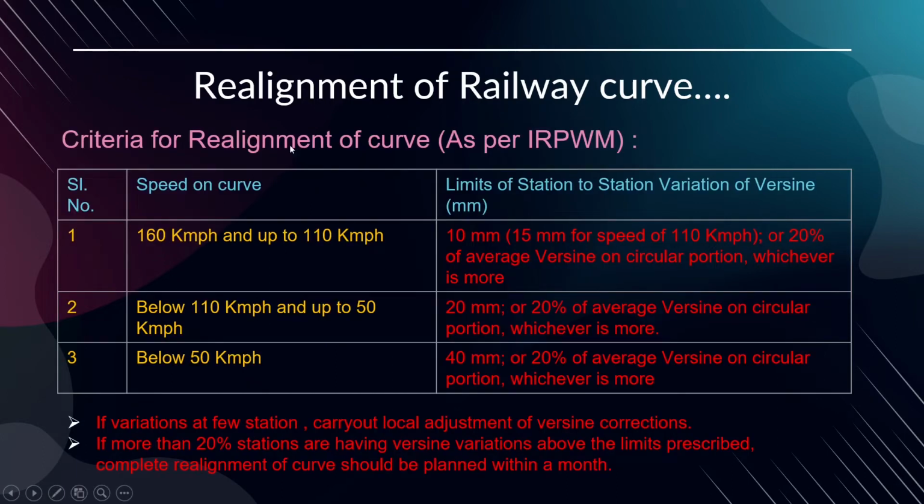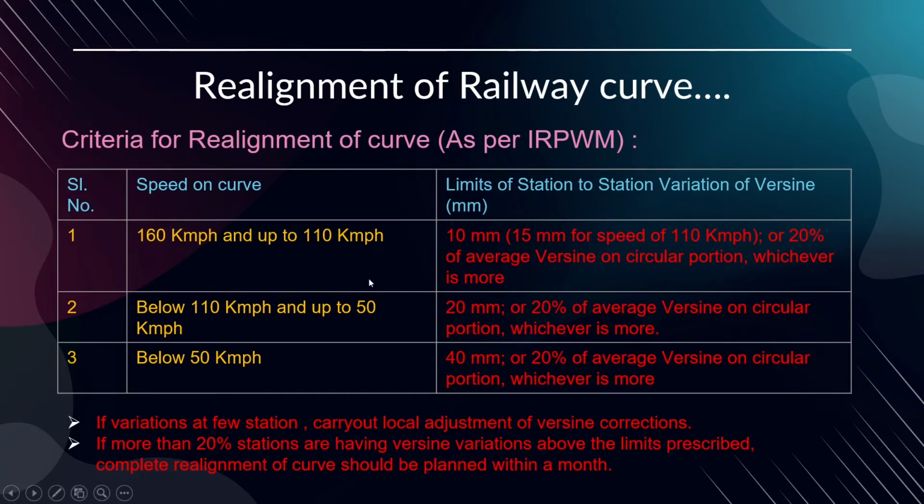So the Indian Railway Permanent Way Manual stipulates the criteria for realignment of the curve. We have various sections according to the speed. So what should be the limit? 10 mm or 15 mm or 20% of the average versine of the circular portion, whichever is more.